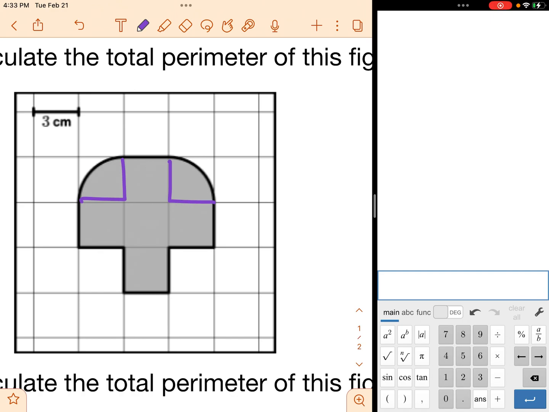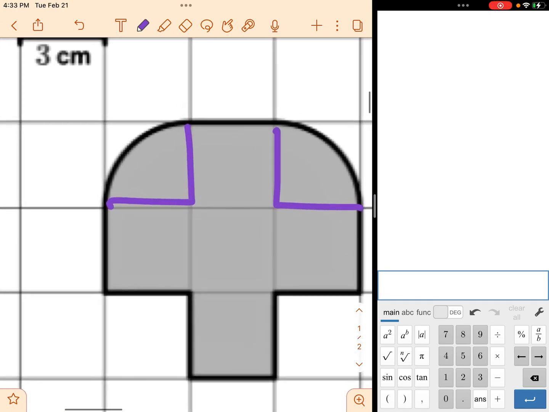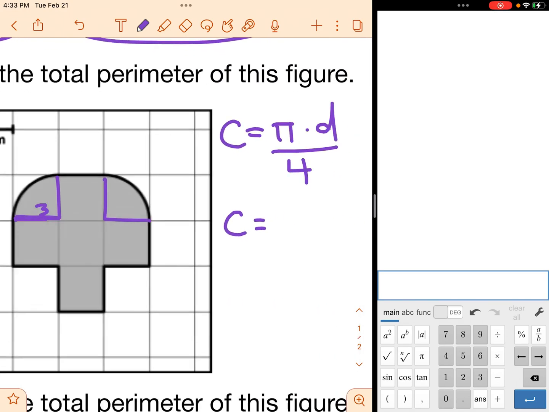Well, if we take a look, remember, circumference equals pi times our diameter. And then this is 1/4 of a circle, so I need to divide by 4 with whatever I get. Okay, so my radius would be 3. My diameter would be the full way across. That would be 6.